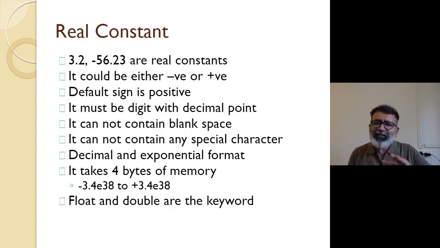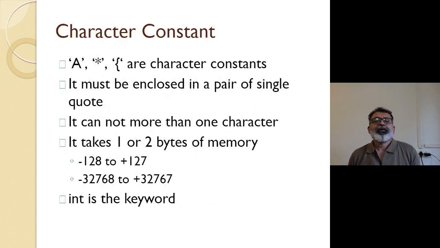Character is a kind of integer data type, and I will explain that during our session. Character is internally a cousin of integers, because when you store a character constant, it is stored as an integer. So that is about real and integer constants. We stopped here.